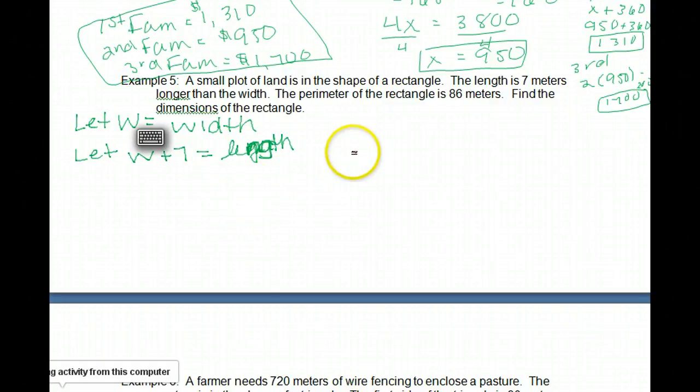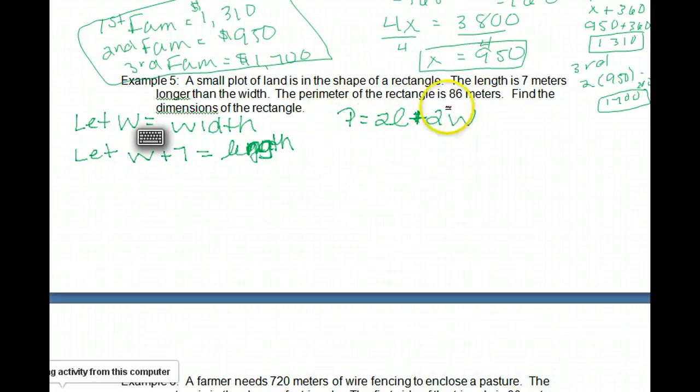Now, when we write our equation, we're going to work with the perimeter formula. The perimeter formula for a rectangle is P equals 2L plus 2W.